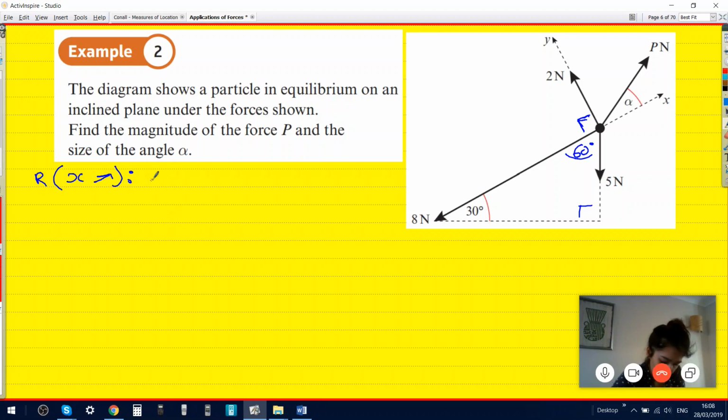P cos A, and then we have minus 8 cos 30.